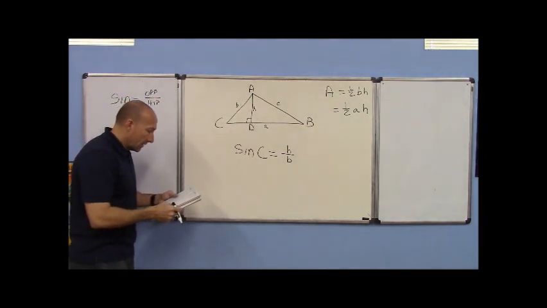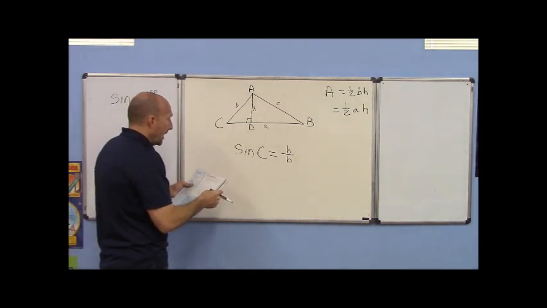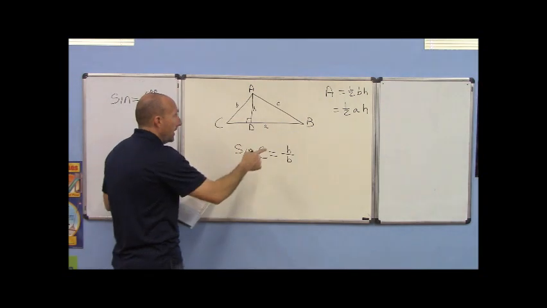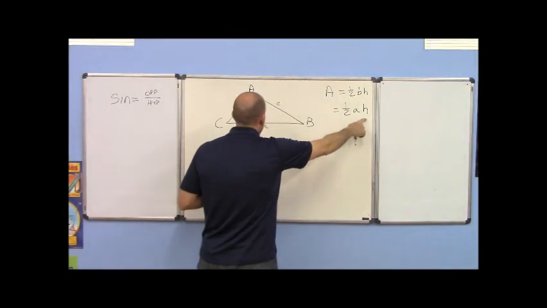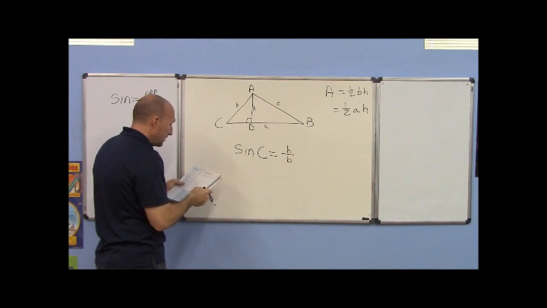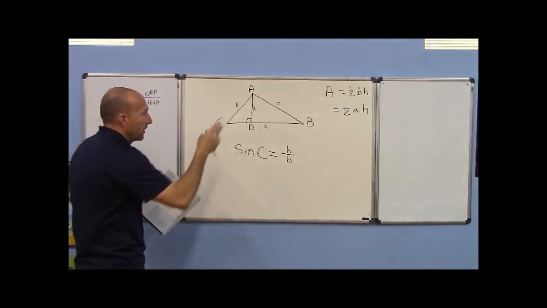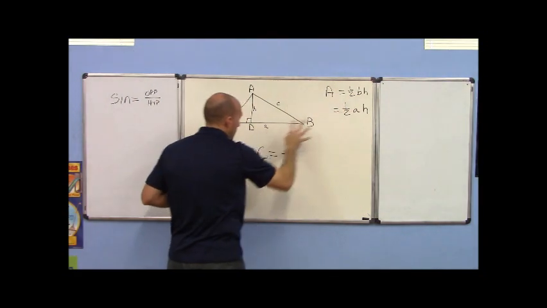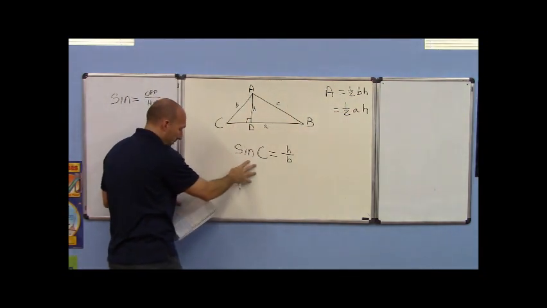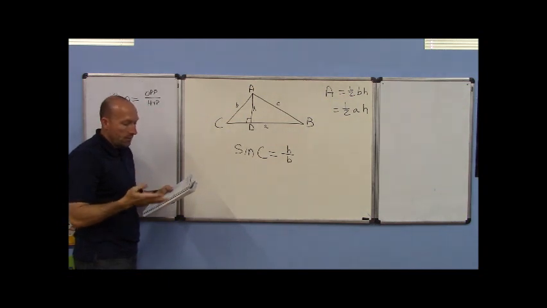Okay. Now, whenever we have the area of 1/2 A times H, then what we can do is we can substitute H and apply this portion over to this portion. So let me ask you this.